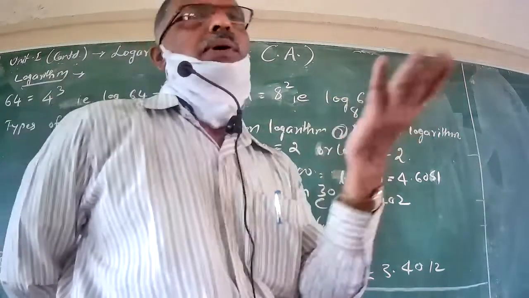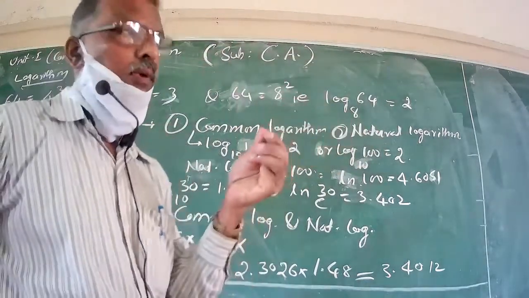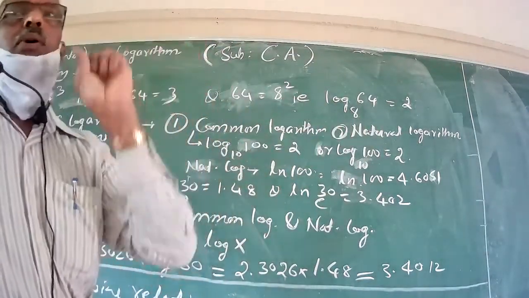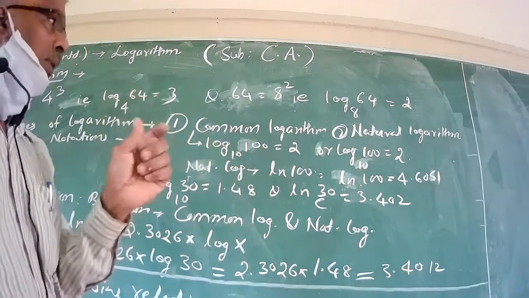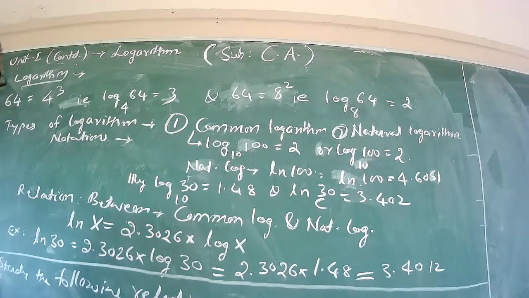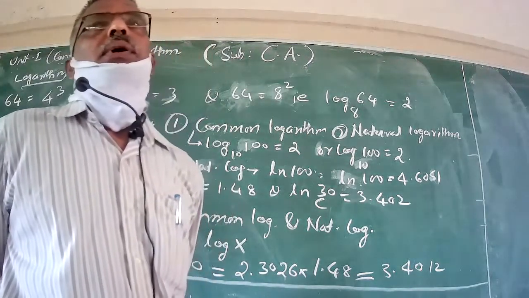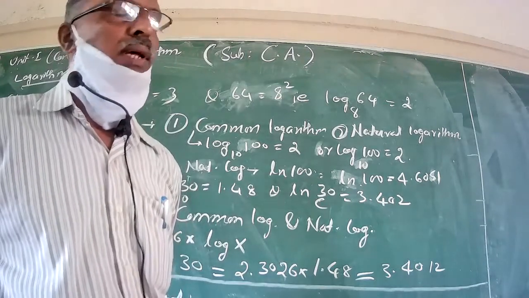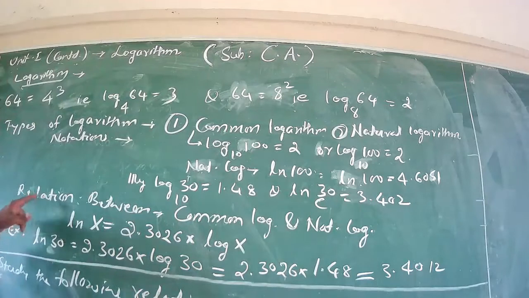So to have the same logarithm for the same number, we should have the same base. In general we consider the base to be 10, and that is called common logarithm, and natural logarithm.